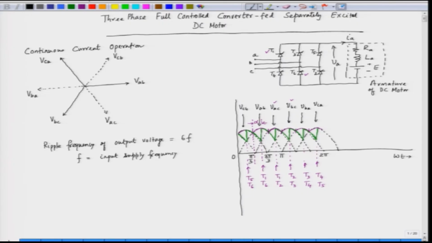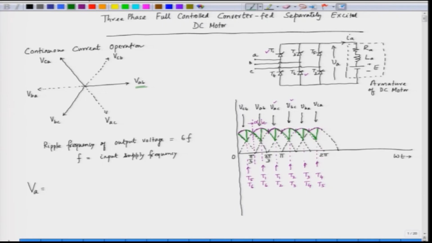Now, we have to find out the average output voltage. When we find the average output voltage, that is VA, what we have to do here is integrate from, let us say, pi by 3 plus alpha. If we assume that VAB is our reference, the angle starts from 0 here.